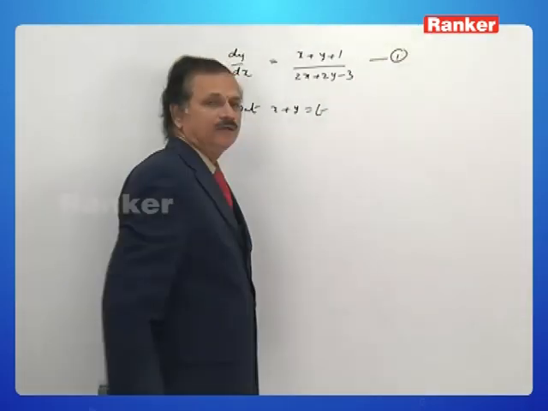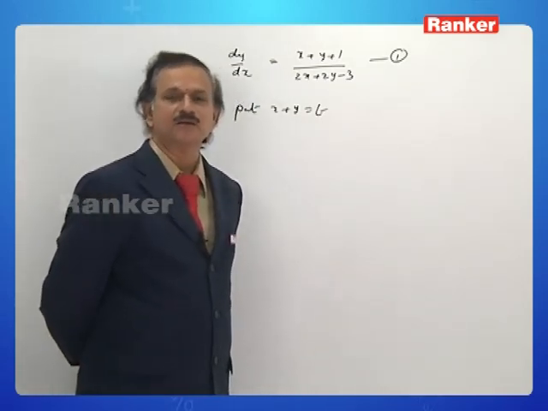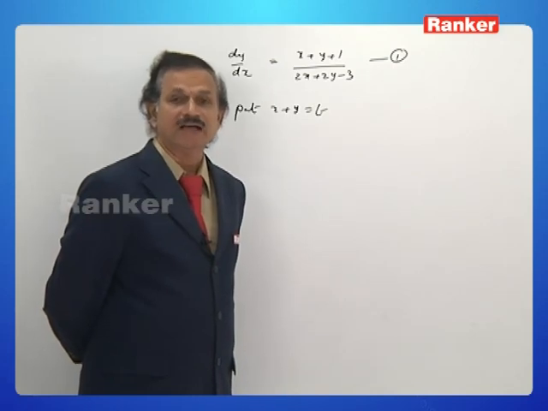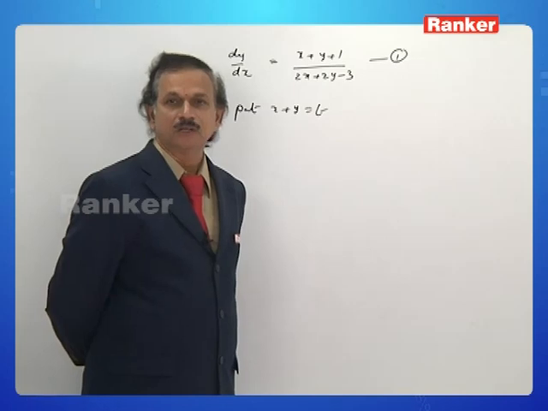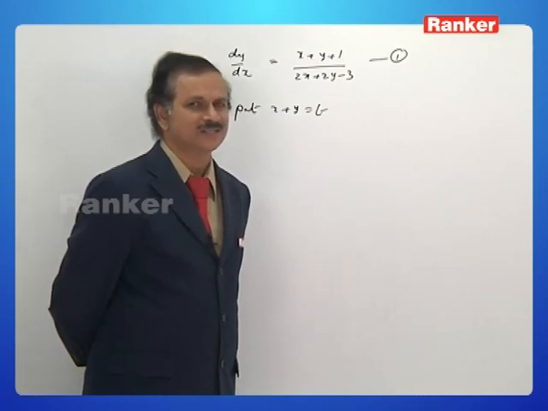I think you could have followed my words previously. In the previous problem, we observed a particular expression which is common in both numerator and denominator. You please recollect, that was x plus 2y, isn't it?